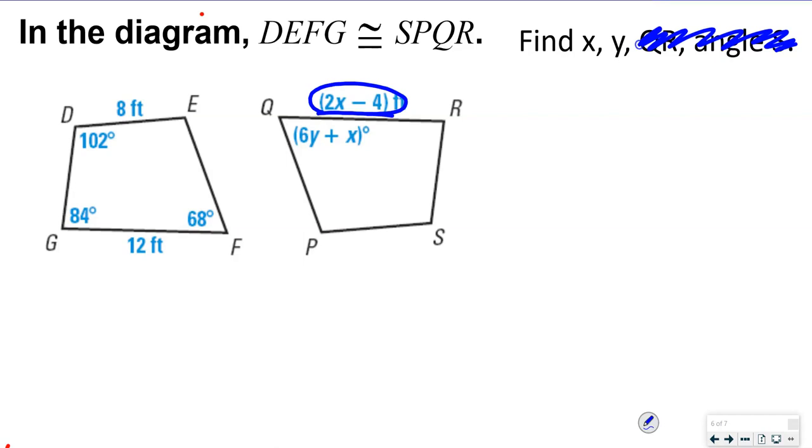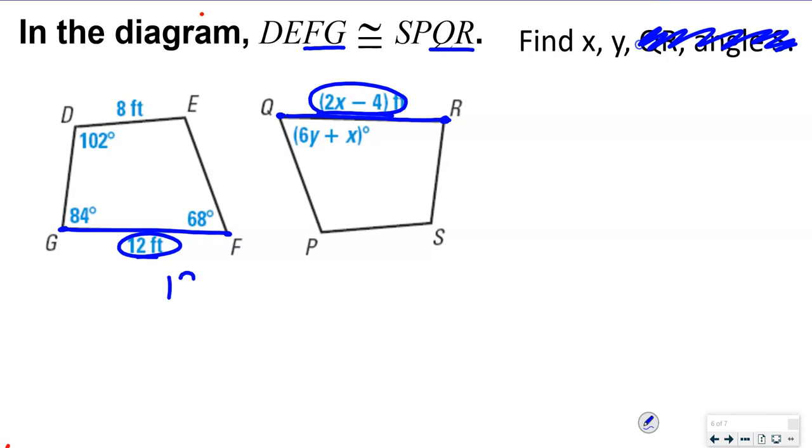So we need to match that up with the corresponding side. So we've got side QR. Notice where QR is in our congruence statement. That means it's going to match up with FG. So starting at F, going to G, and we see that that side length is 12.